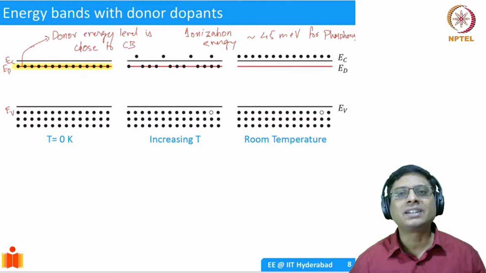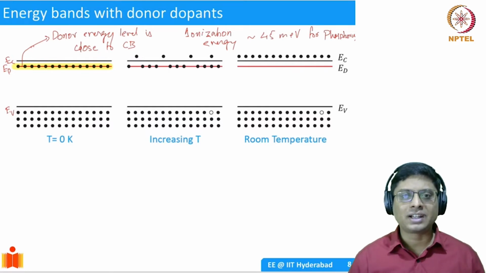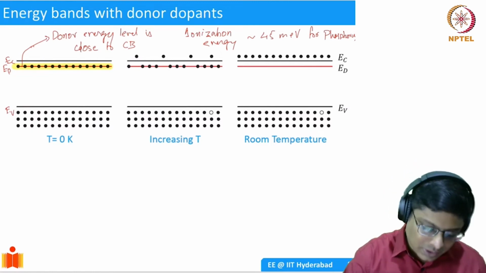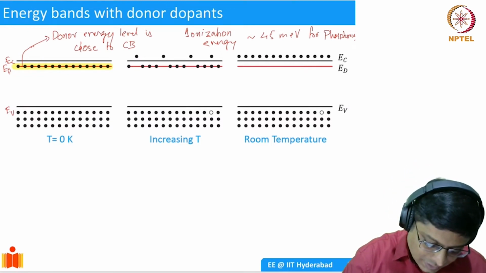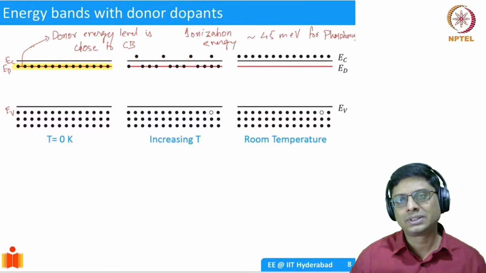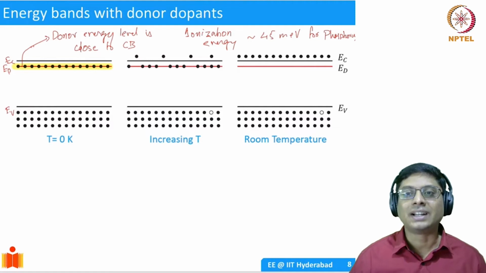As you start increasing the temperature, we are adding energy to the lattice. Then slowly you find that some of these electrons are moving into the conduction band, and they are getting ionized.